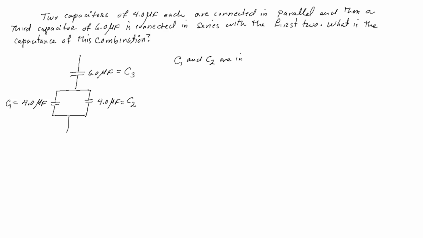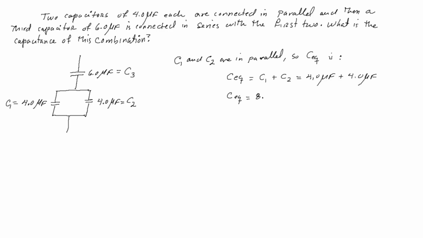And if they are in parallel, the equivalent capacitance is the capacitance of the capacitor 1 plus the capacitance of the capacitor 2. So it's 4.0 microfarads plus 4.0 microfarads. So the equivalent capacitance of these two capacitors is 8.0 microfarads.